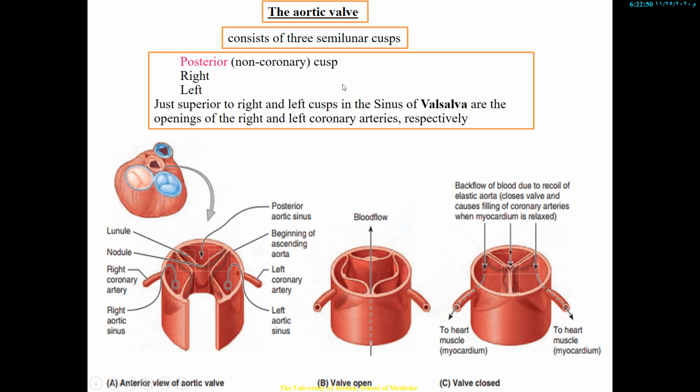Of course, just superior to the right and left cusps in the sinuses of Valsalva are the openings of the right and left coronary arteries. These are the right and left coronary arteries coming from the origin of the ascending aorta, opposite the right and left cusps or sinuses.